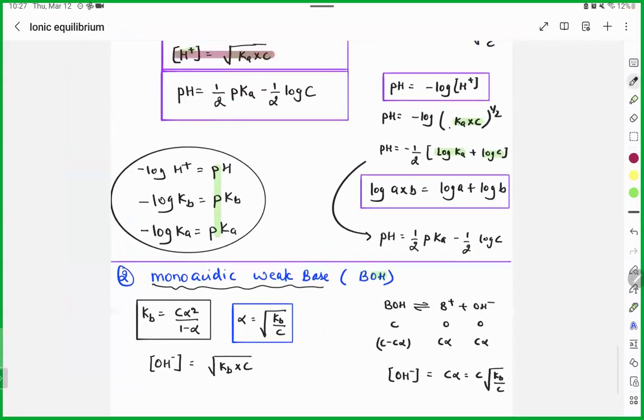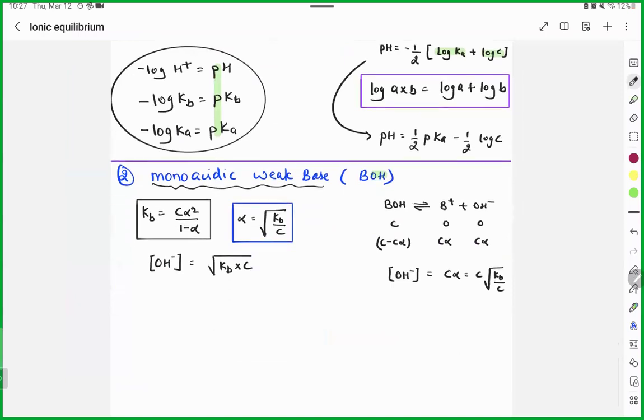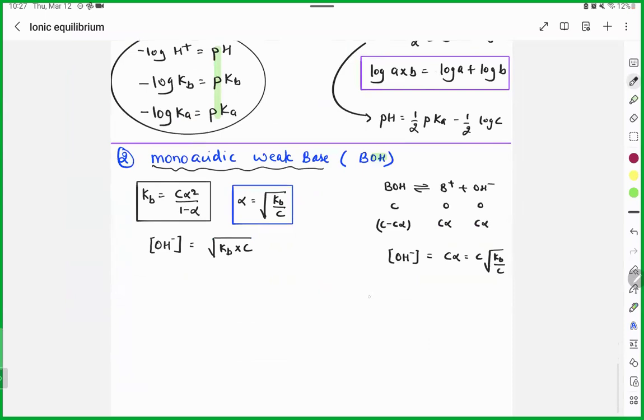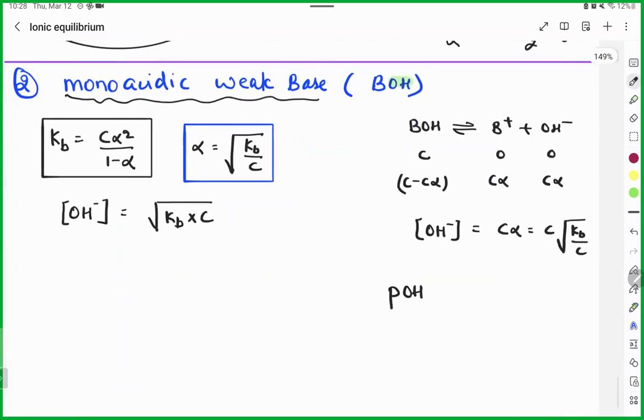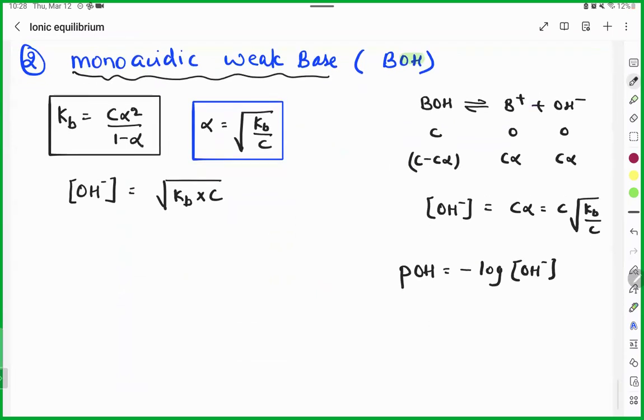So, this part is done, like your base. And same way, if you calculate your POH, your POH is minus log OH negative concentration. So POH is equal to minus log of Kb multiply by C whole power 1 by 2 because under root.